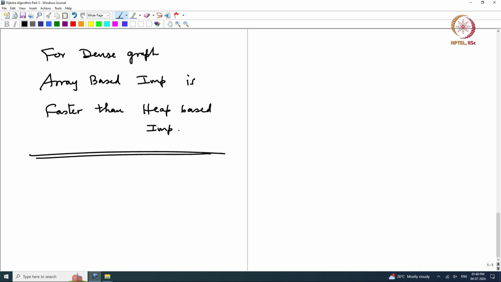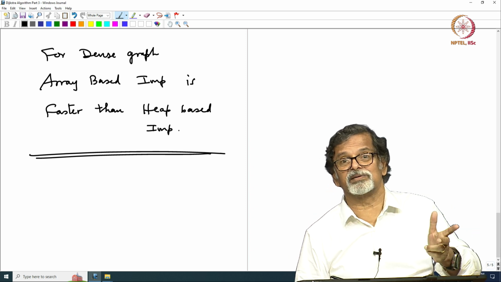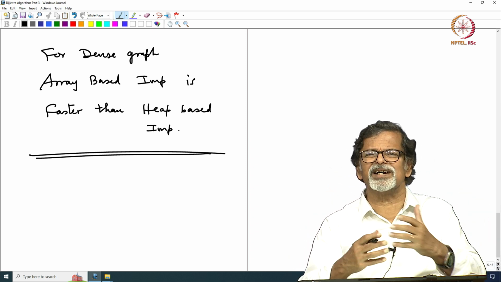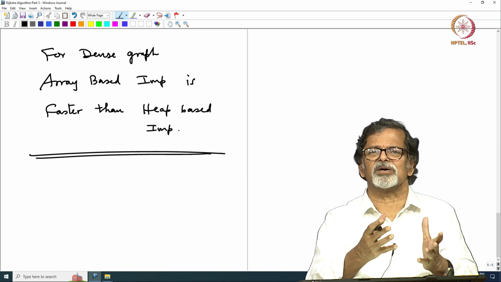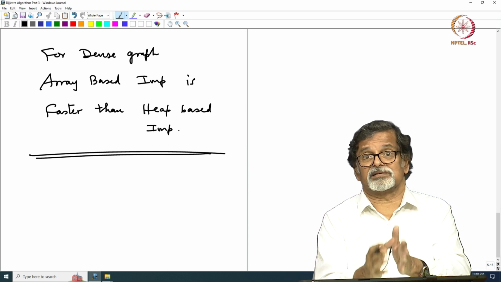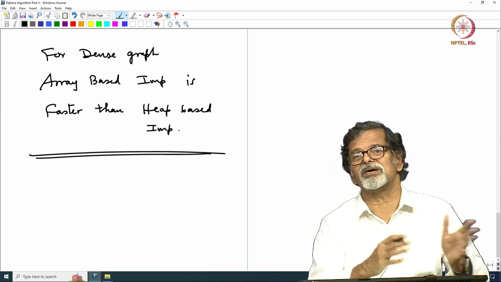So, for sparse graph, heaps are better. For dense graph, arrays are better. That is the kind of situation. It is a new idea, but the implementation is not uniformly better. It is definitely more efficient on certain cases, but not all cases.